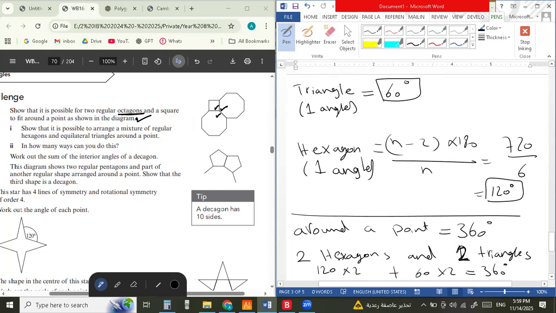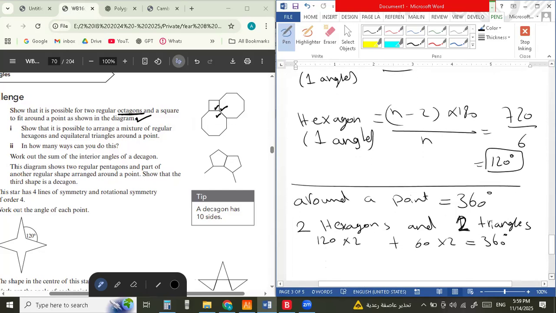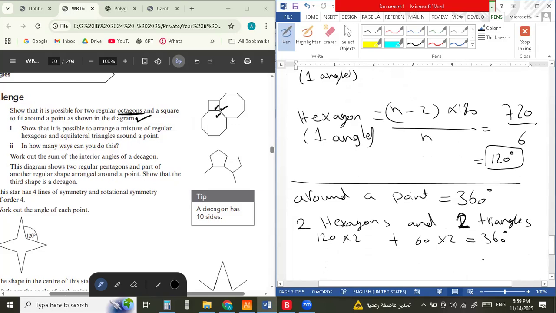So two hexagons and two triangles will fit around the point.